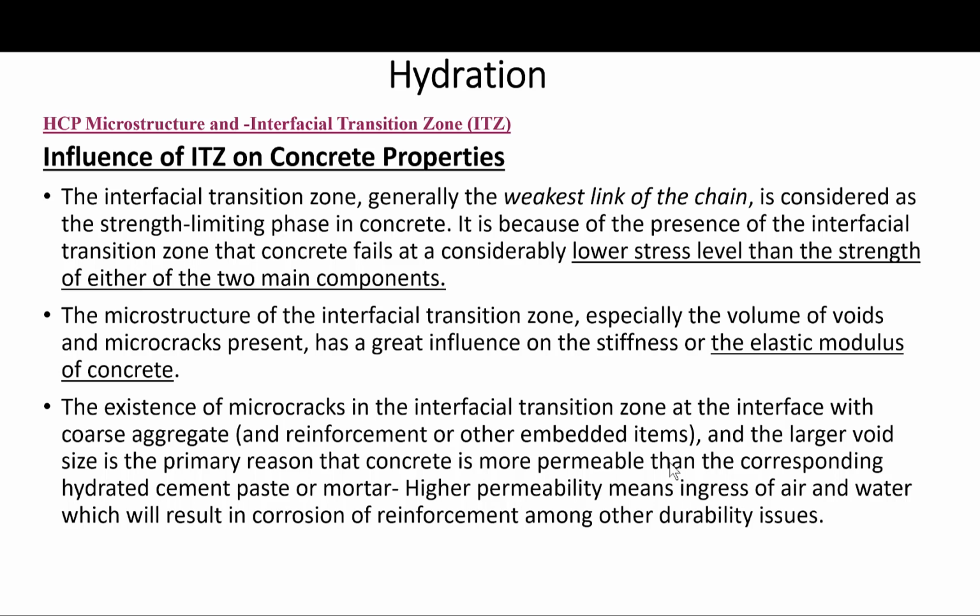We can also, for example, choose the gradation and the type of the aggregates correctly to minimize the effect of this zone. Densifying the matrix and creating good bond with the aggregate also can help minimize or eliminate the downfalls due to the inherent properties of this zone.